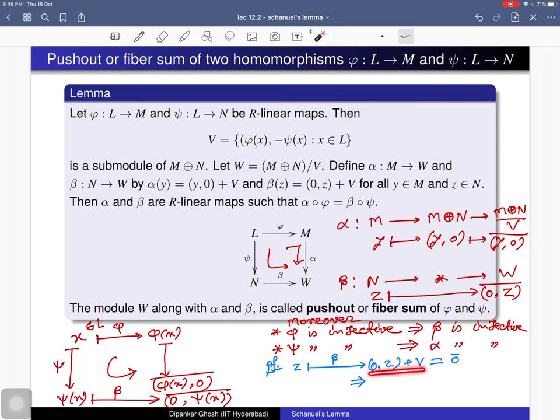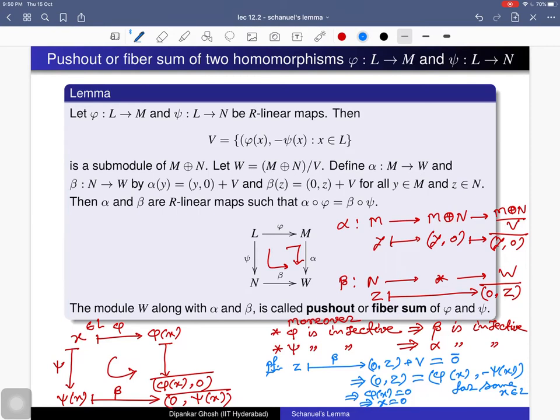So suppose this equivalence class is the 0 element in W. Therefore this (0, z) should be an element of V, and so we can write it as (phi of x, minus psi of x) for some x belonging to L. And since we have equality, the first component should be the same as 0. So phi of x is 0, and then we can use that phi is injective, so x is 0.